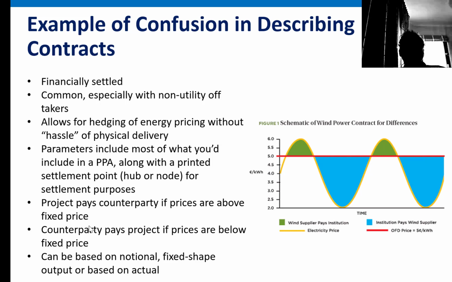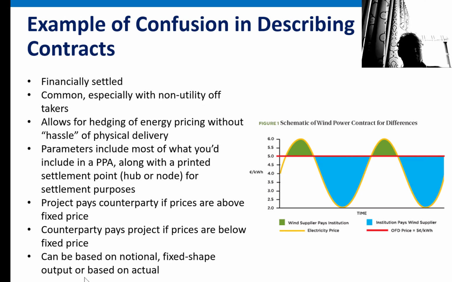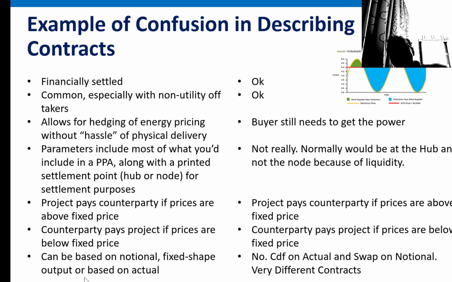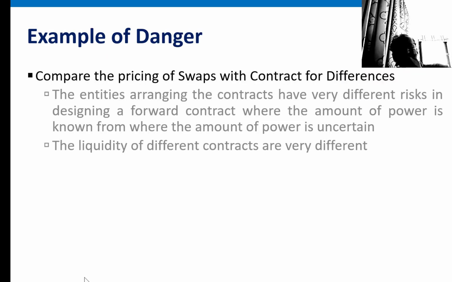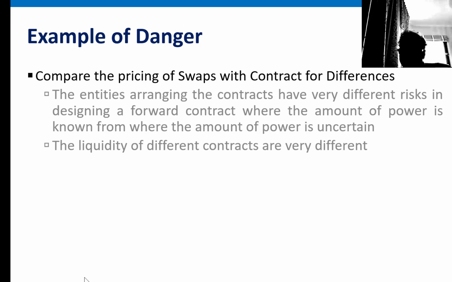But then it says they're based on notional fixed shaped output. Ooh, that's not what a contract for difference is. So I put this thing. It's just people throw these things out, and that's not what it is. You sell at whatever the output is. That's what I'm defining as a contract for difference.